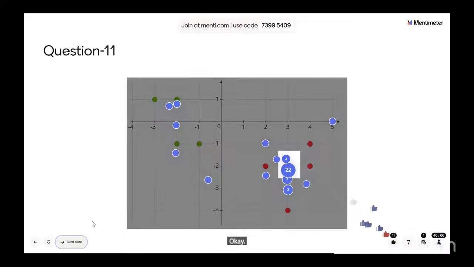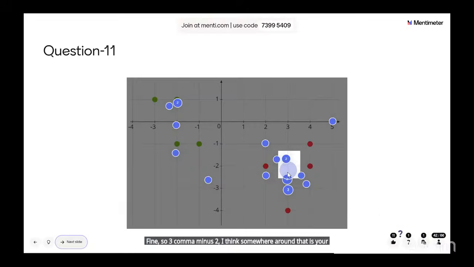Okay, let's see the correct answer. Fine. So 3 comma minus 2, I think somewhere around that is your correct answer.